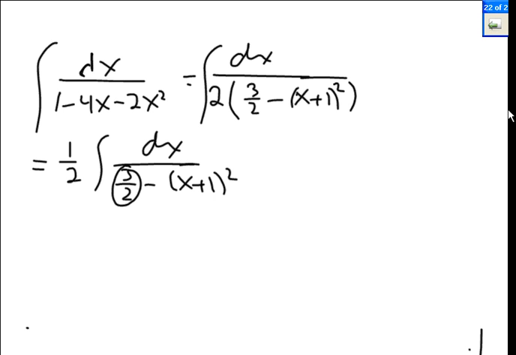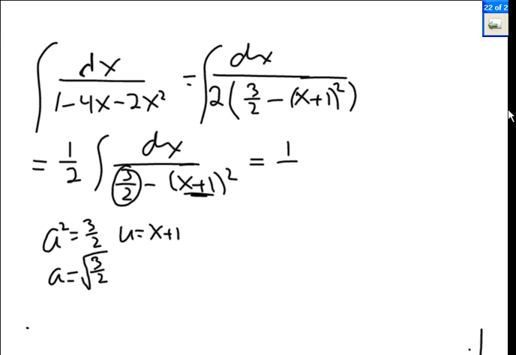Now, if a squared is 3 over 2, then a is the square root of 3 over 2. Plus or minus, but we'll say plus. And that's u. And u is x plus 1. That is, we are in the form of 1/2. If that's u, well then du is dx.